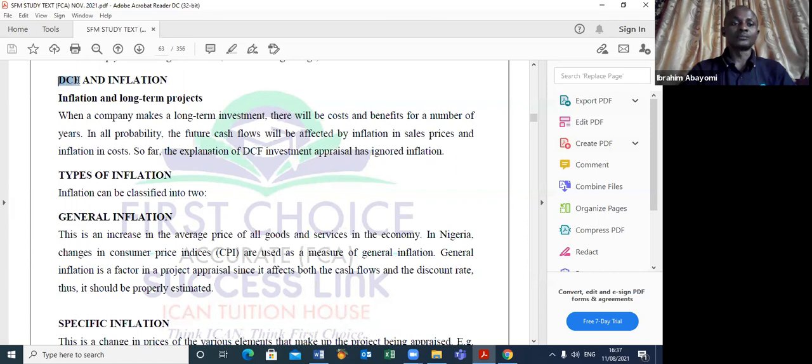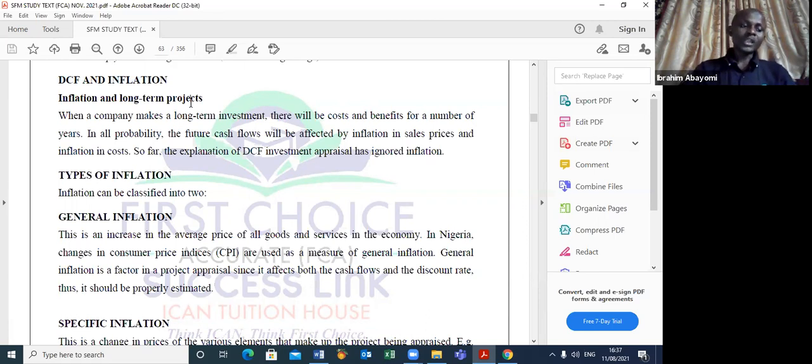Discounting cash flow and inflation. That is, we want to look at how inflation affects our cash flow and how you should approach a question where you have inflation rates. So we look at the method of treating inflation.